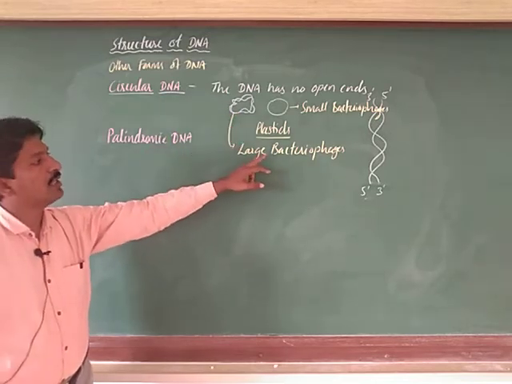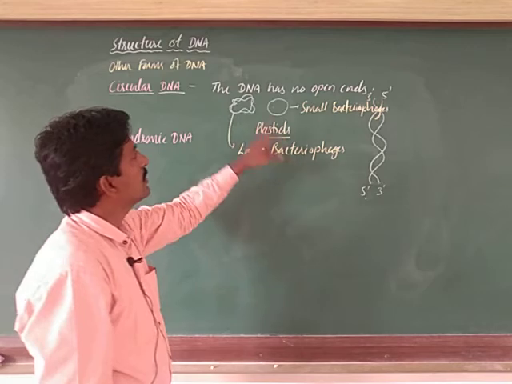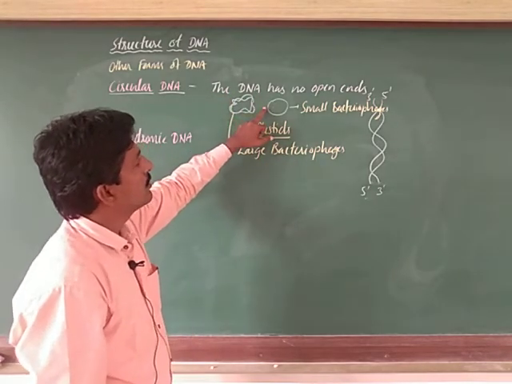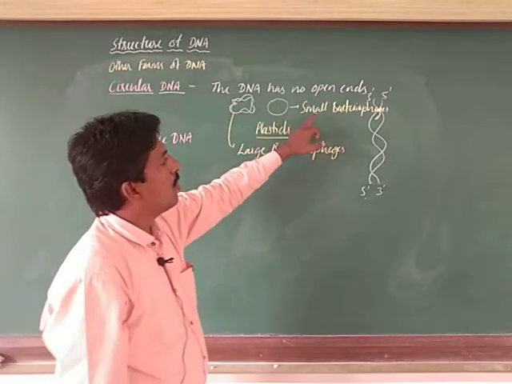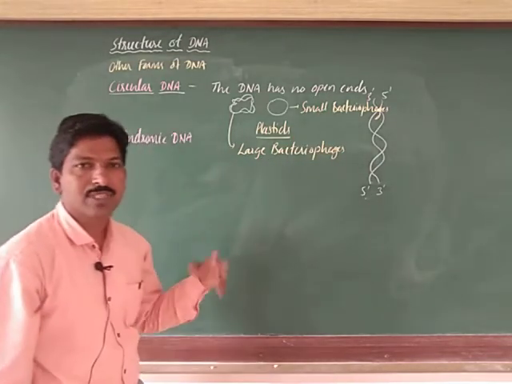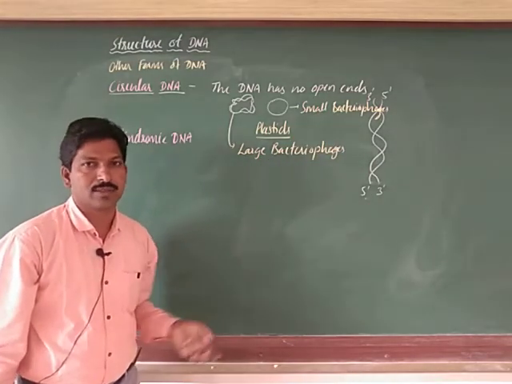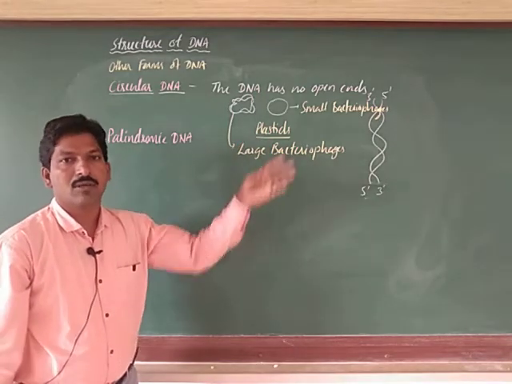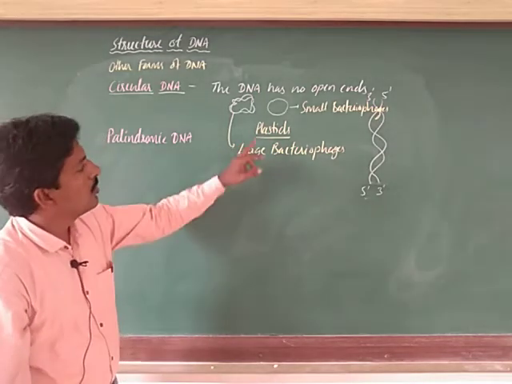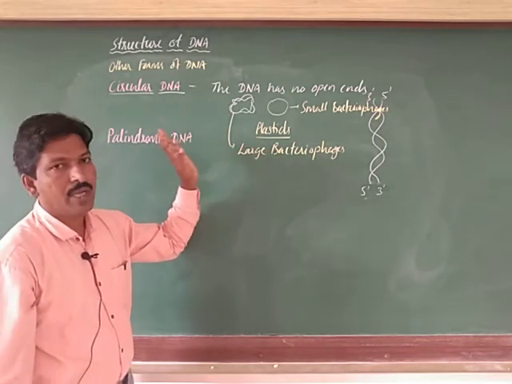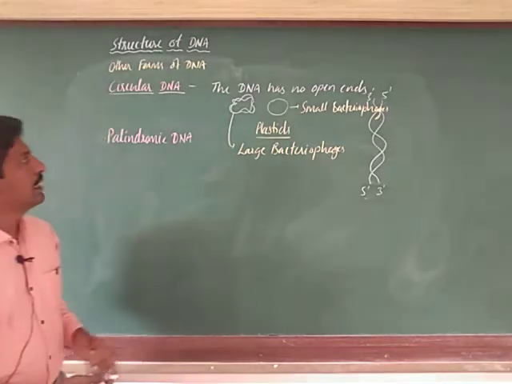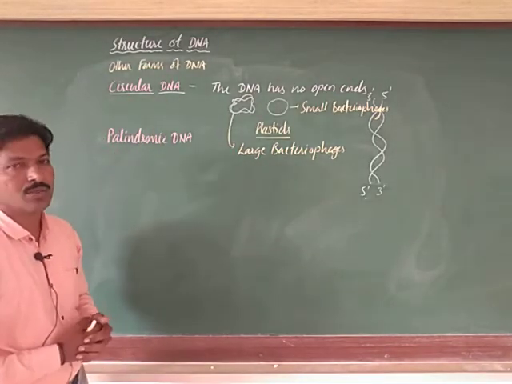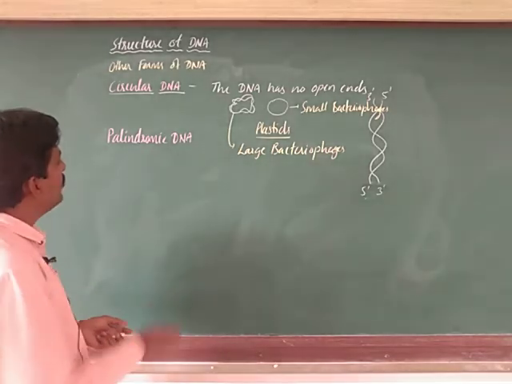Bacteriophages are viruses, and plastids are commonly found in cells. Even in bacteria we may observe circular DNA. So this is about circular DNA. Understood?